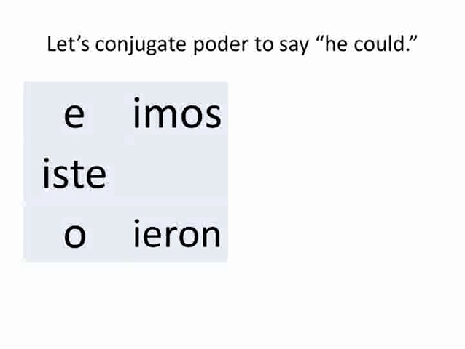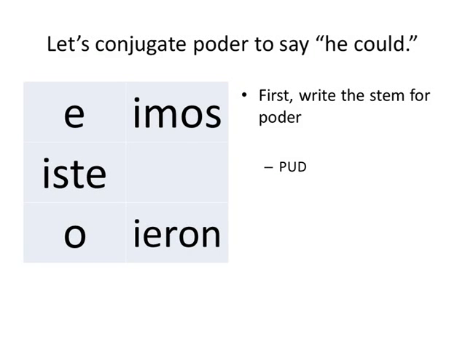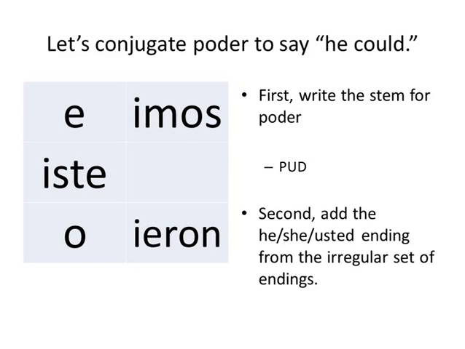For example, let's conjugate poder to say he could. The first step is to write down our stem, pud. Then, because we want it to say he could, we're going to take the O from the he, she, usted ending and add that to our stem.